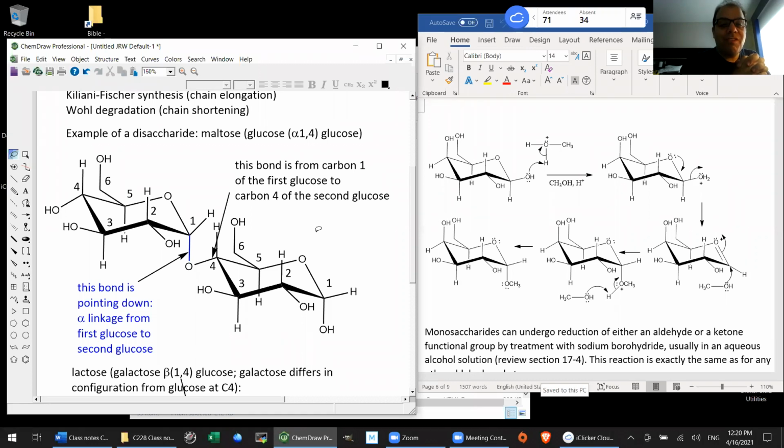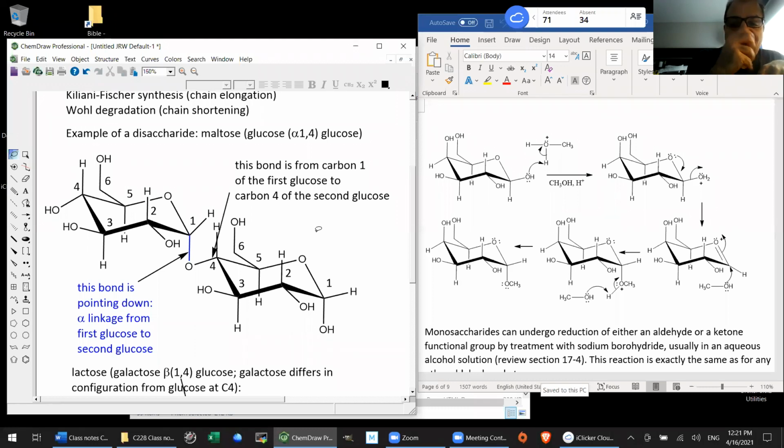But this at least gives you an idea. And we're going to do one more example of these, don't worry. But this gives you an idea of the process to follow in order to come up with the structure of a simple disaccharide. And my feeling is if you can draw a disaccharide, then you can draw a trisaccharide, and you could draw a tetrasaccharide.